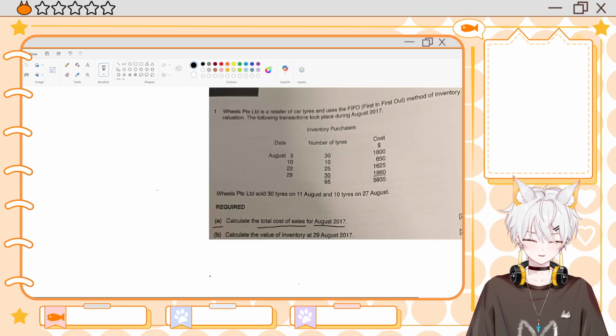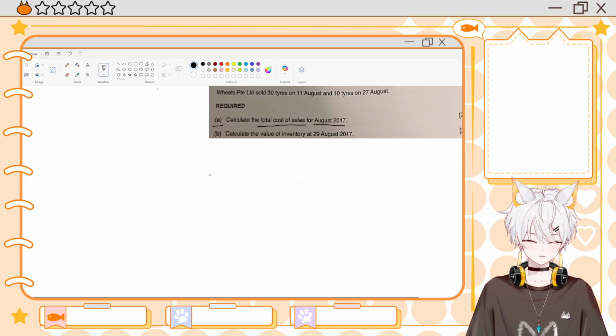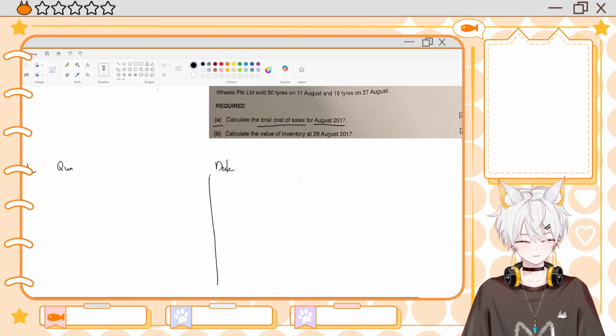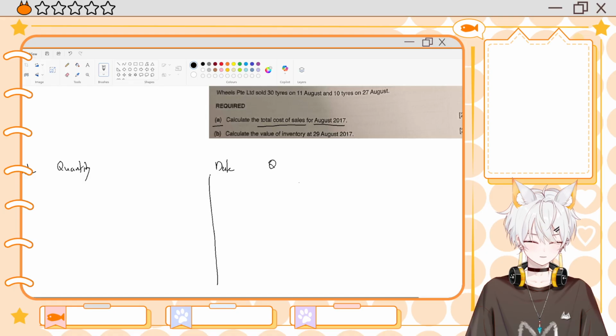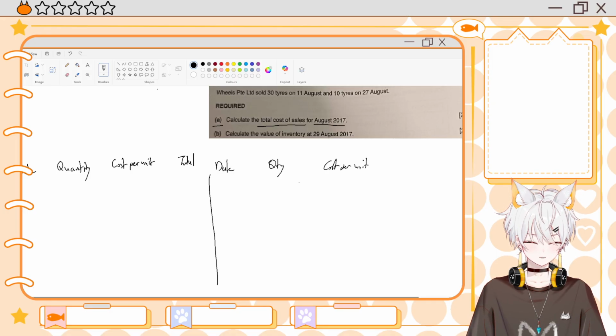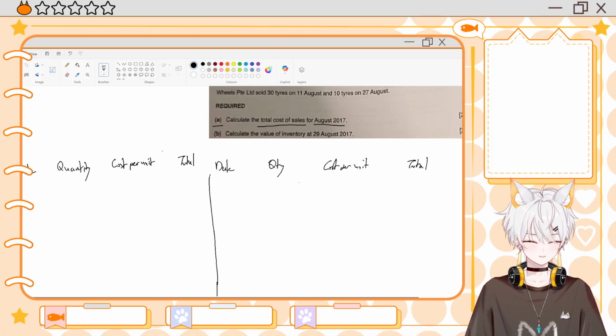So usually when you have more space, for example a whole page, you draw a line first, and then on both sides you write the same thing: date, quantity, or QTY for short, and then cost per unit, and then total.